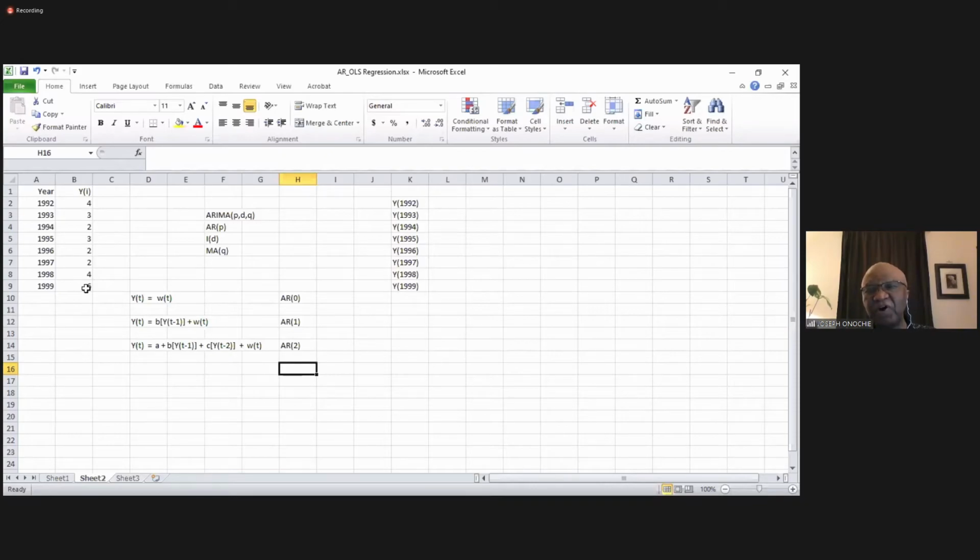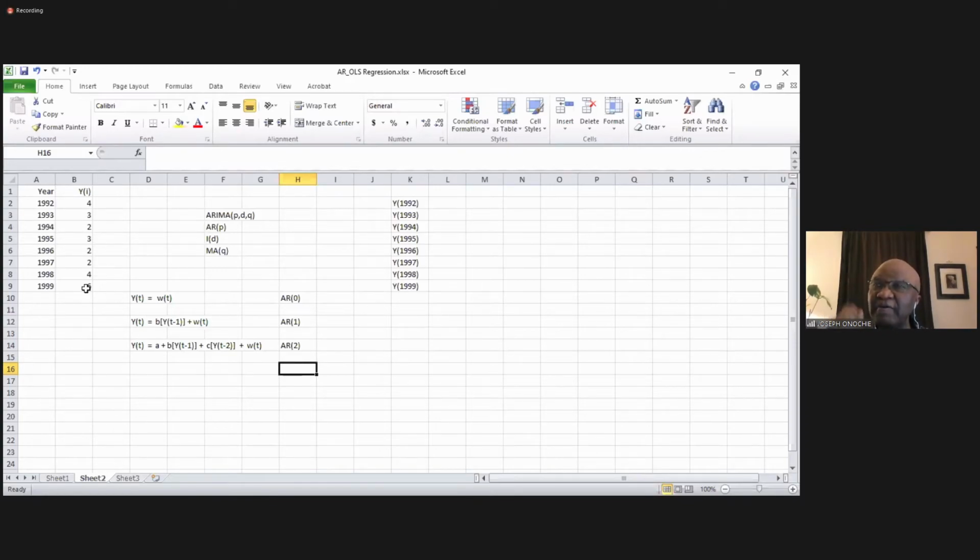So for autoregressive time series models, we have to ask first, is it white noise? If it is white noise, then we stop. That's AR0. Done. White noise, yes, you stop. White noise, no, then what kind of process is it?